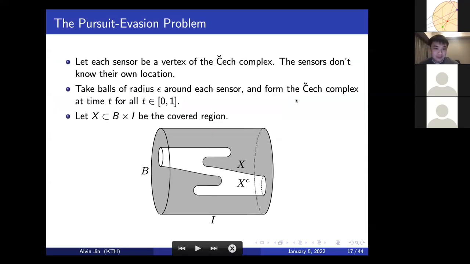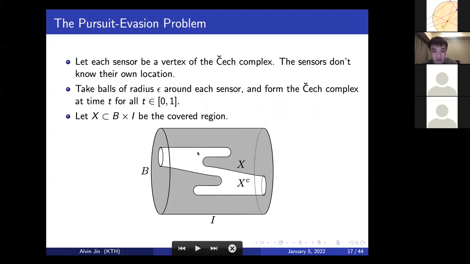So what do we do for this evasion path problem? We let every guard or sensor be a vertex of the Čech complex. Then, like we did before, we take balls of radius epsilon, for whatever epsilon I choose, around each sensor. Then I form this simplicial complex for all time t from 0 to 1.